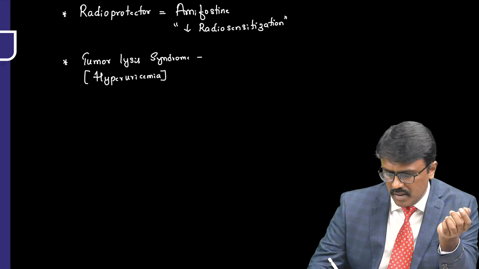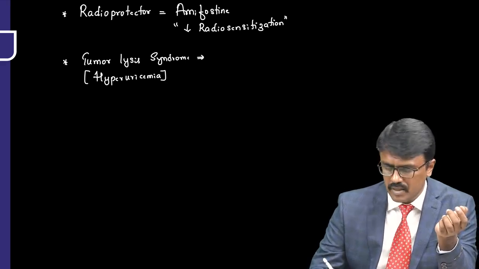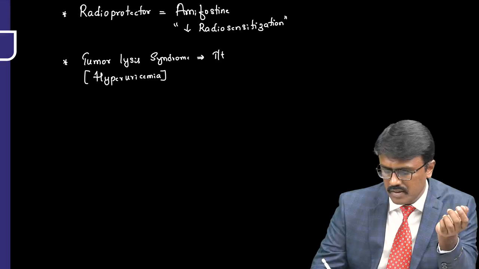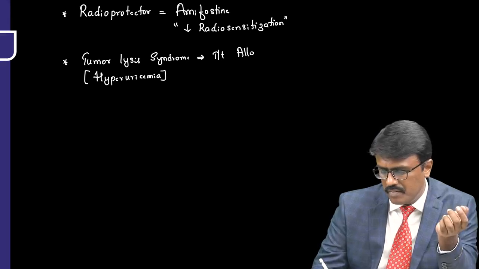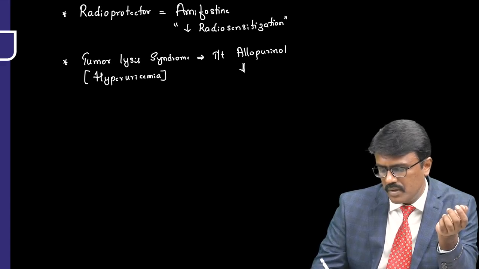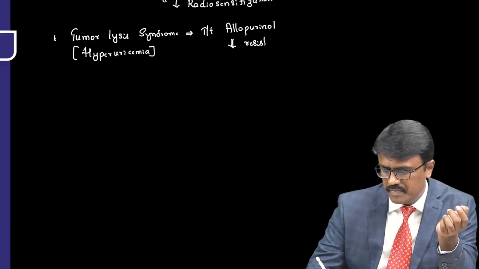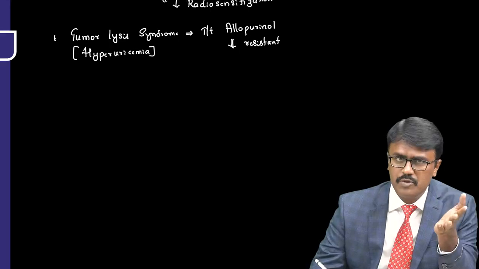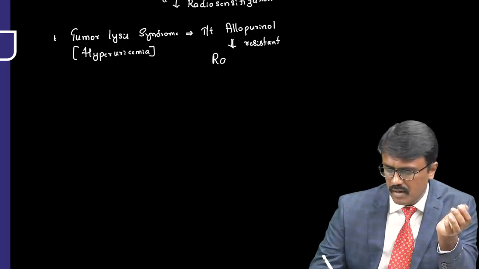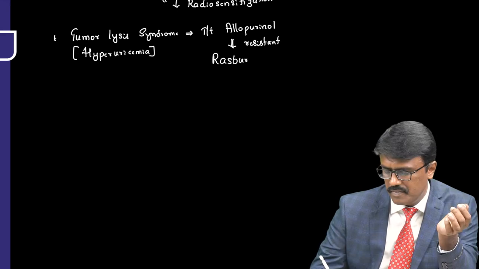So for hyperuricemia, what is the best drug? The treatment is started with allopurinol. It is the best drug to treat and prevent. If there is resistance, then the overall drug of choice will be rasburicase.